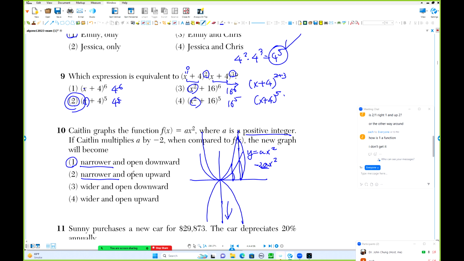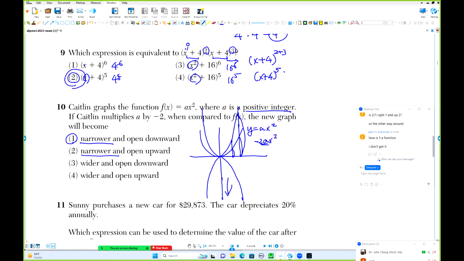Okay? Wider. Wider over here. This is before, after going down. This is wider. We said compressed or shrink. Okay.